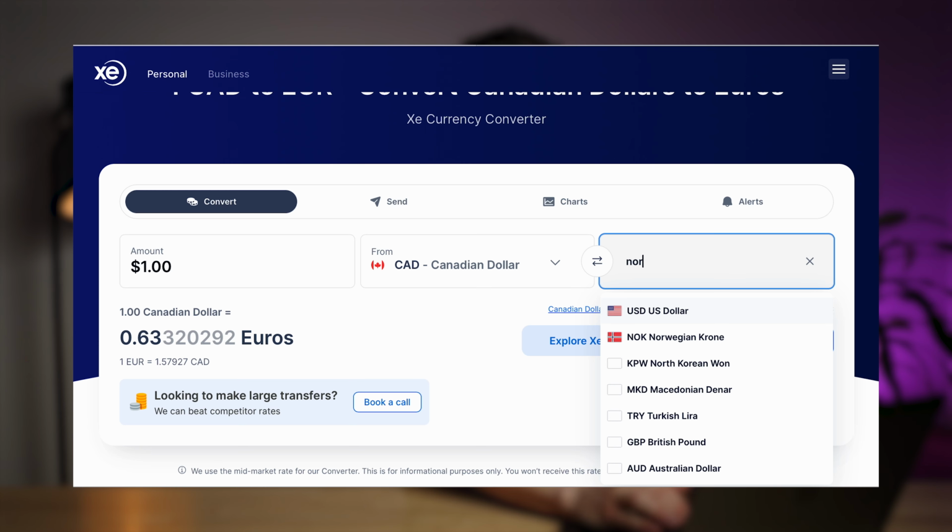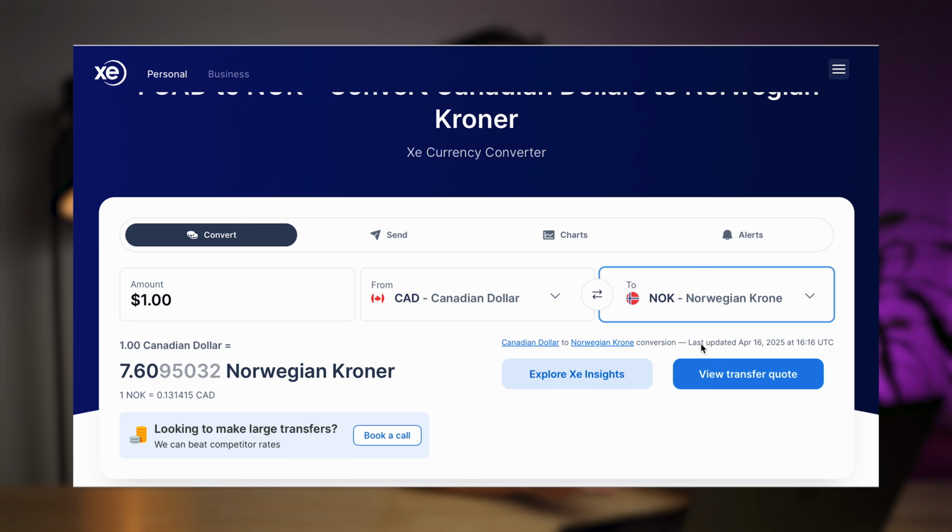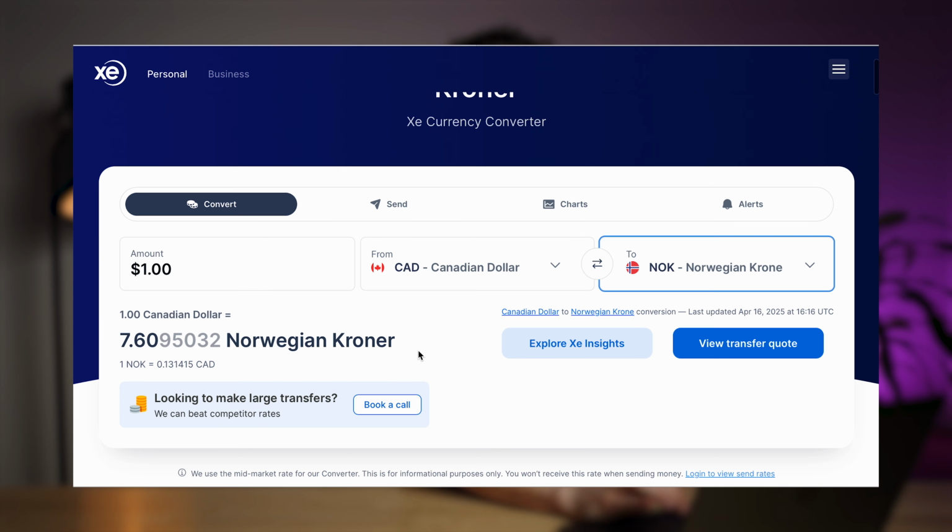And then let's say I'm planning to go to Norway, and you say, ooh, in Norway one Canadian dollar gets me 7.6 Norwegian kroner. Therefore, when I go there, 100 Canadian dollars gets me like 700 of their currency, and thus I must be able to buy a lot of coffees, pastries, and everything else over there with that amount of money.